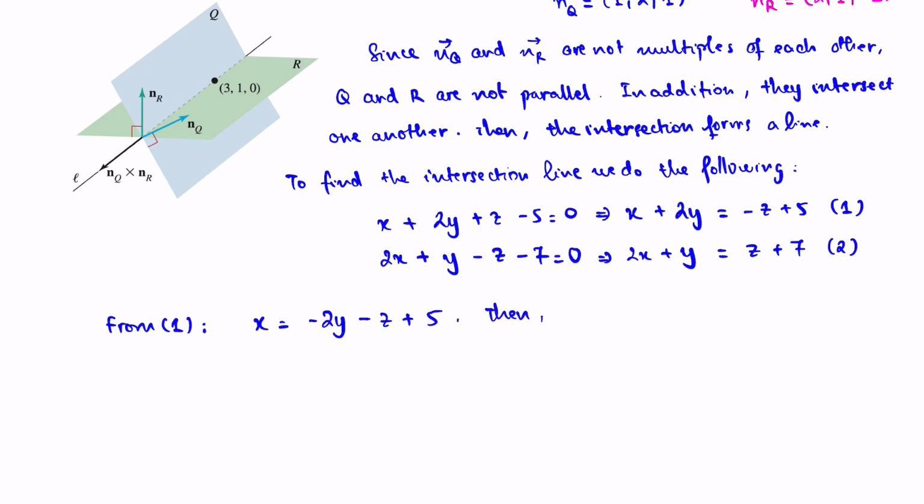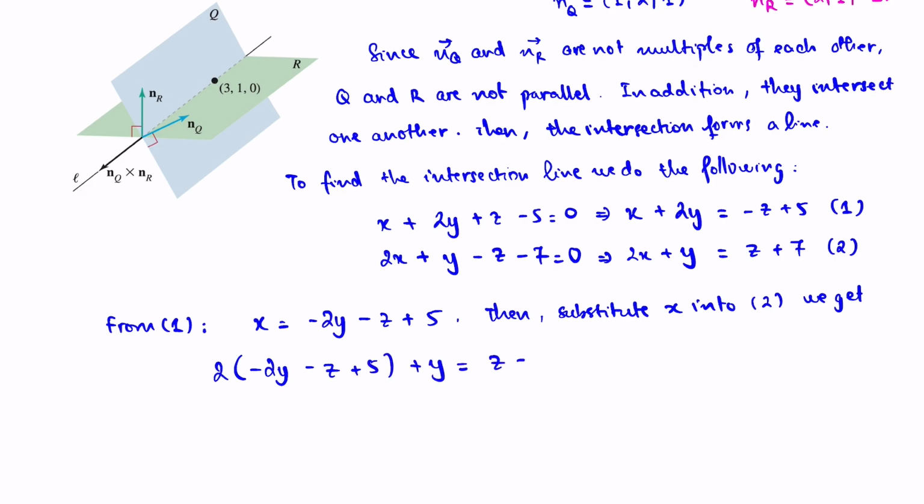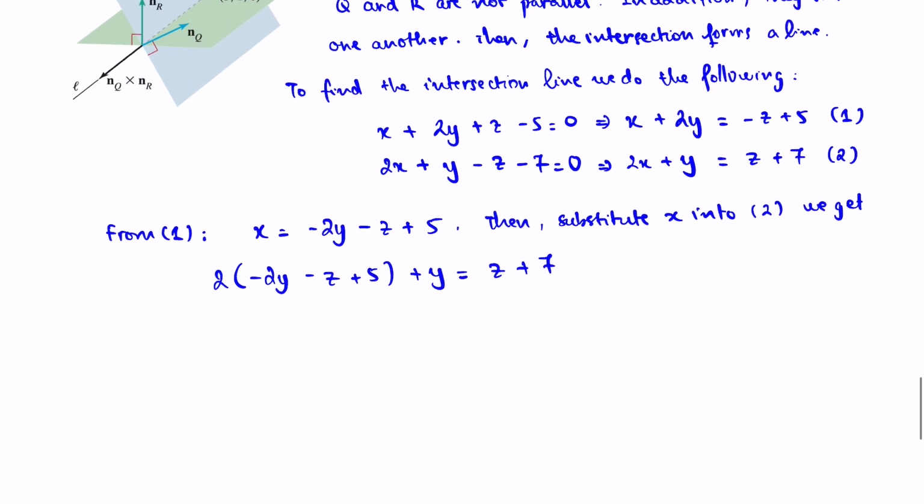Then we substitute x into the second equation. We get 2(-2y - z + 5) + y = z + 7. Then you can manipulate the left-hand side and combine like terms.